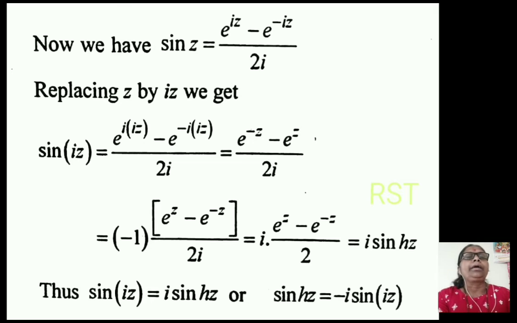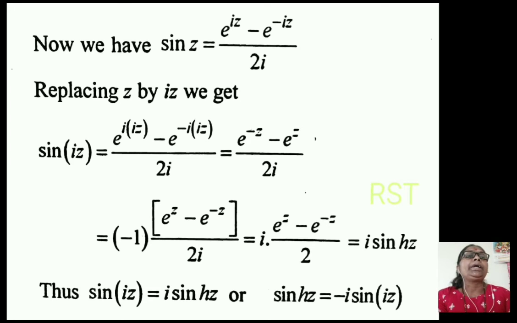This term i results as in the previous step we have in bracket minus 1. Minus 1 means i square. Take minus 1 as i square and we have divided by 2i, so that one term i cancels, and only one term i remains.